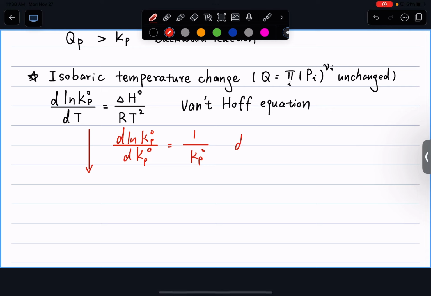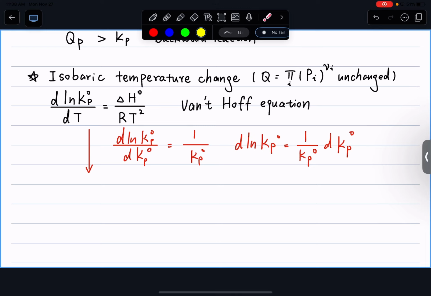Or the other way to put it is d ln Kp naught equals 1 over Kp naught times dKp naught.